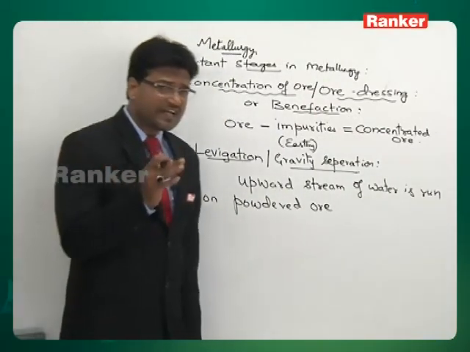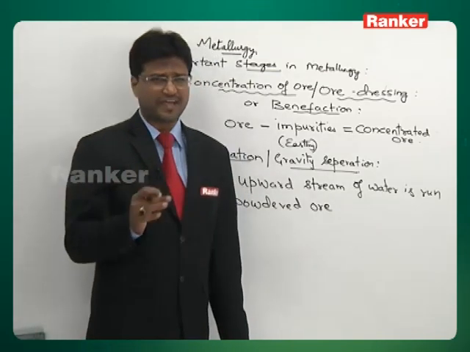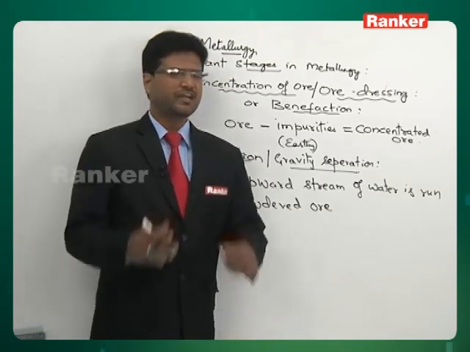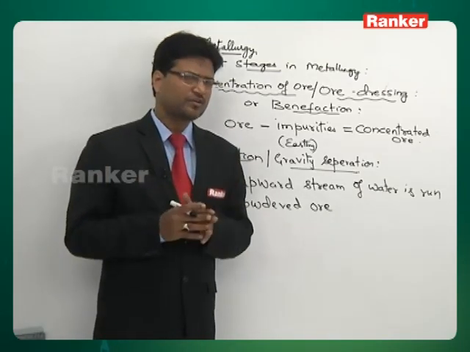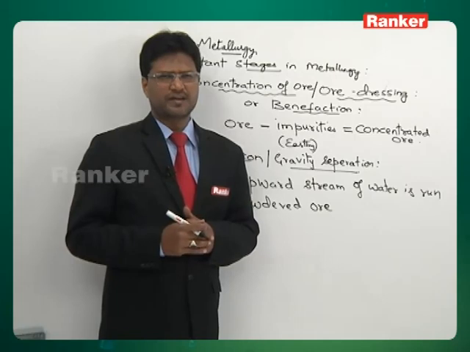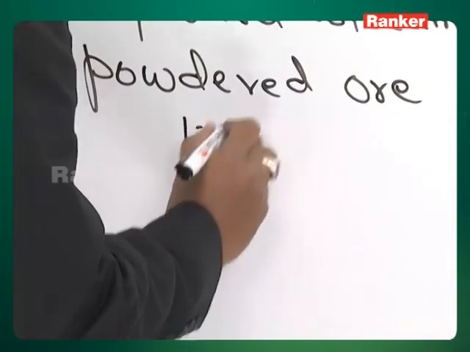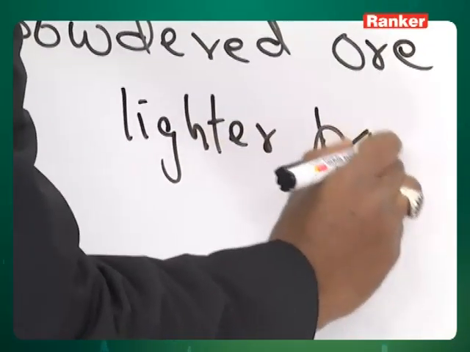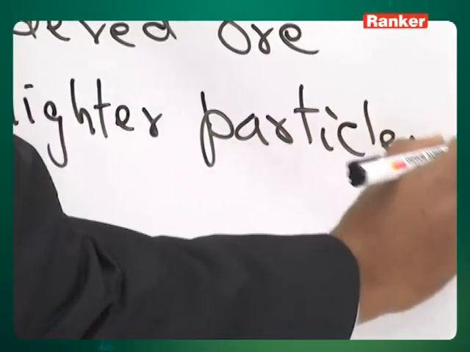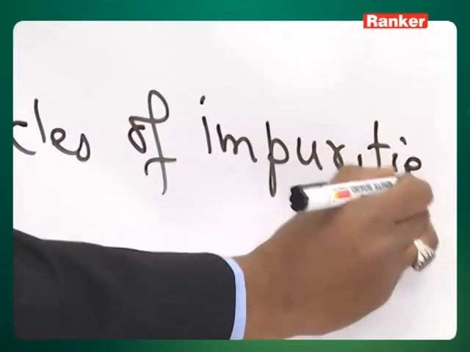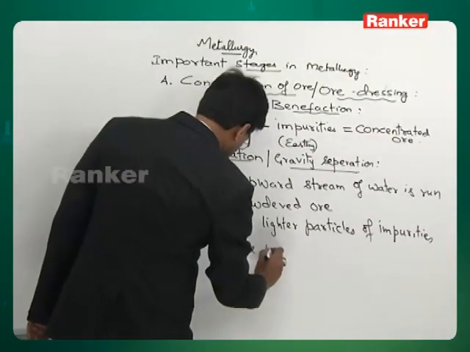Then what happens? Lighter particles of gangue, impurities, they are washed away and the heavier particles of the ore stay back, remain, and in this way you get rid of most of the impurities. Lighter particles of impurities are washed away.